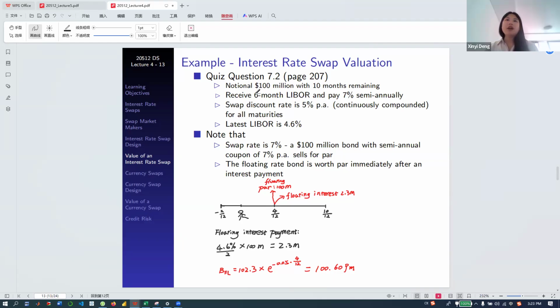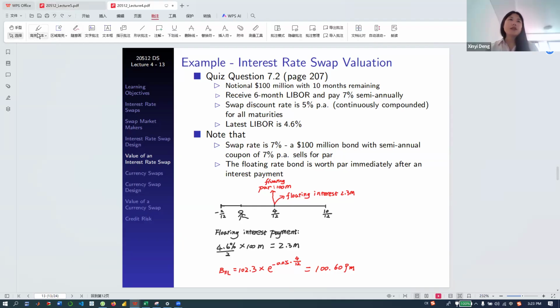And you are receiving 6 months LIBOR and paying 7% semi-annually. So you are receiving a floating rate payment, and you are paying out the fixed. So effectively, you are longing a floating rate bond and shorting a fixed rate bond.